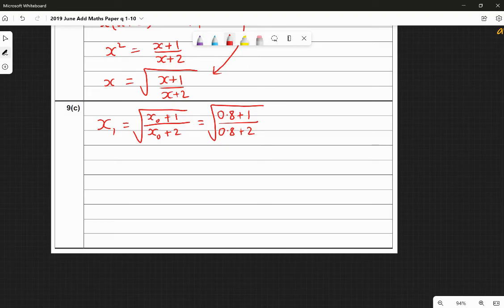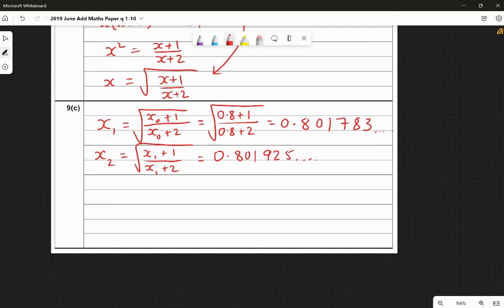Then I just use my trusty calculator, and that gives me 0.801783... Then I keep that on my calculator, and I use that to find my second term. To find my second term, I use the first term plus 1 over the first term plus 2, and then square root that. And if I plug that into my calculator, it's 0.801925... So it's not changed very much.